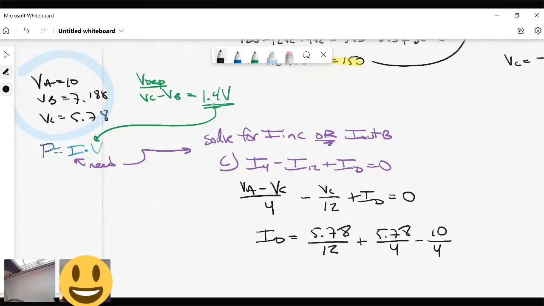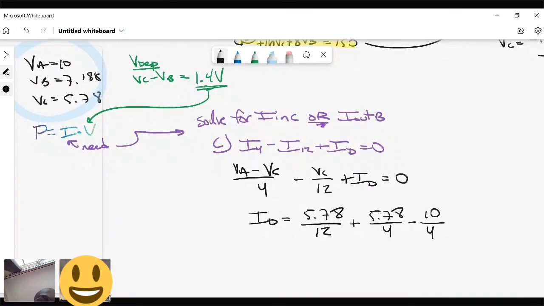I'll do 1 over 12 plus 1 over 4 times 5.78 minus 10 divided by 4. That's going to be negative 0.573. All right, so this is shaping up pretty good, actually. So ID is negative 0.573.